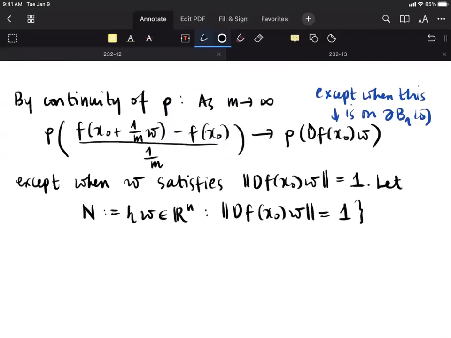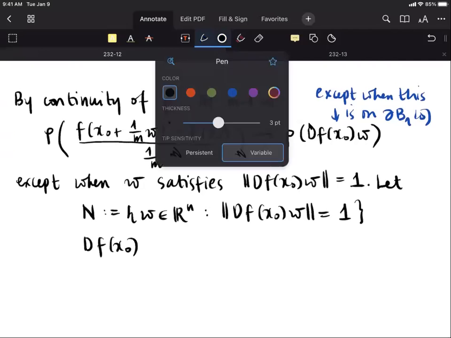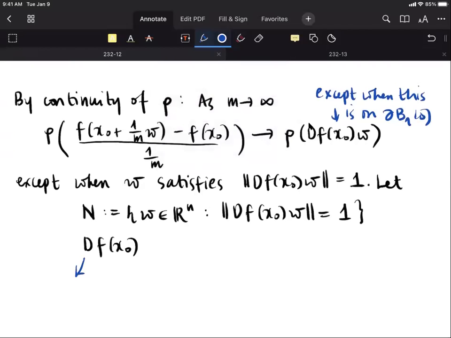Then, since f is a diffeomorphism, this is bijective, and we know that the image of N under this bijective map is the boundary of the unit ball.